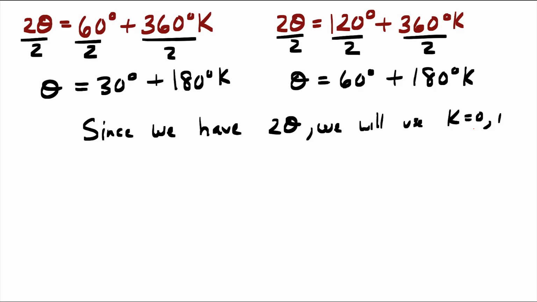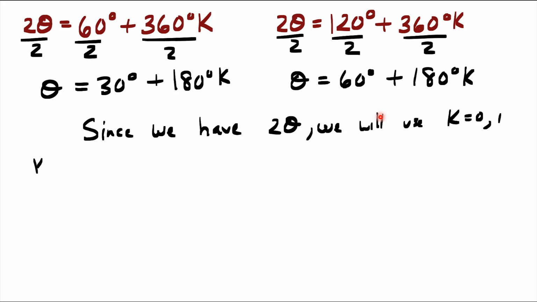So there's 2. If theta was by itself, we would just use k is equal to 0, but since we have 2 theta, we have that one. If we had 3 theta, we would use k is equal to 0, 1, and 2. So it's always one less than the multiple of theta that you're getting.